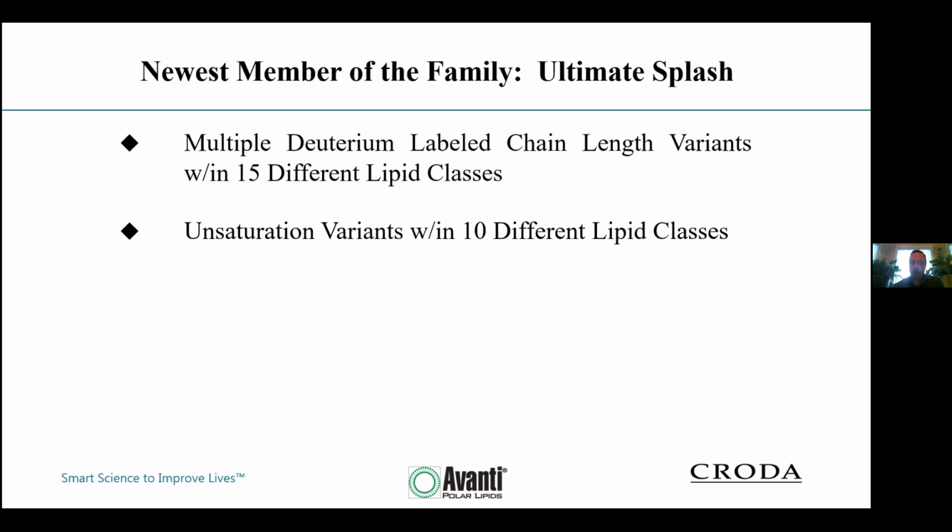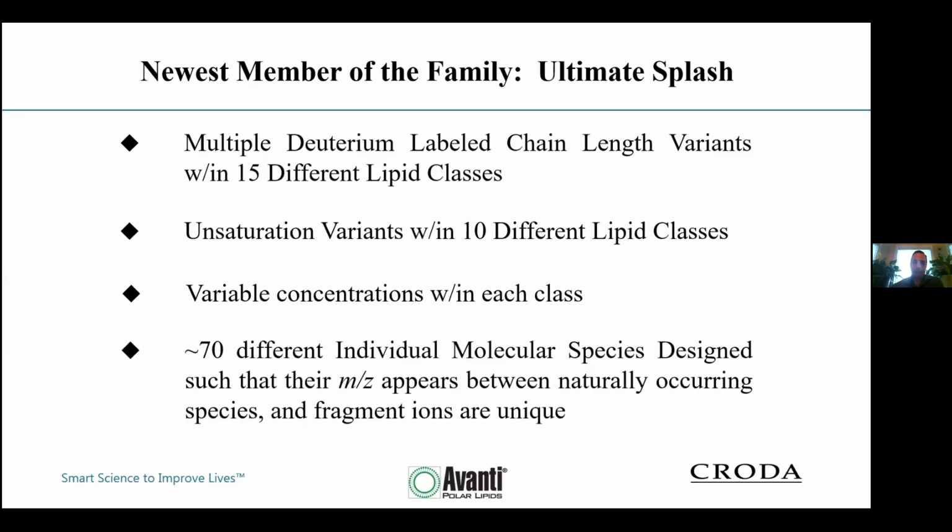So hopefully this will address some of those problems. And also there are variable concentrations within each class. And there are approximately 70 different individual molecular species in this particular mix that are designed such that their m/z occurs between the naturally occurring lipids and their fragment ions are unique.